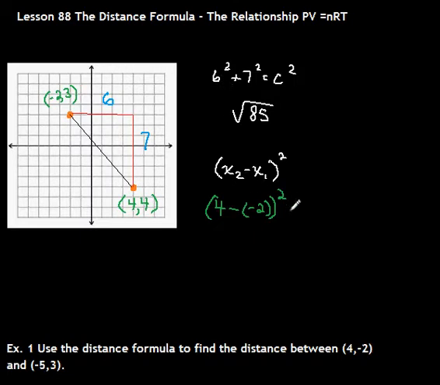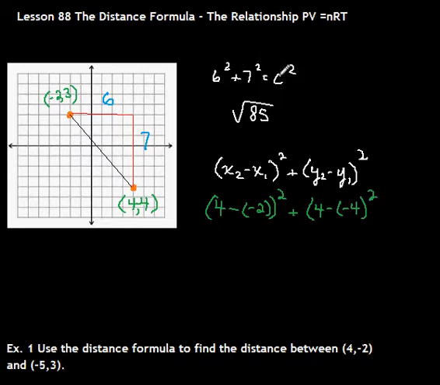Then if we did our y's, it's the same thing. This would be y2 minus y1. So if we do this one again, y2 would be 4, minus, whoops, this should have been a negative y value, minus a negative 4, squared.